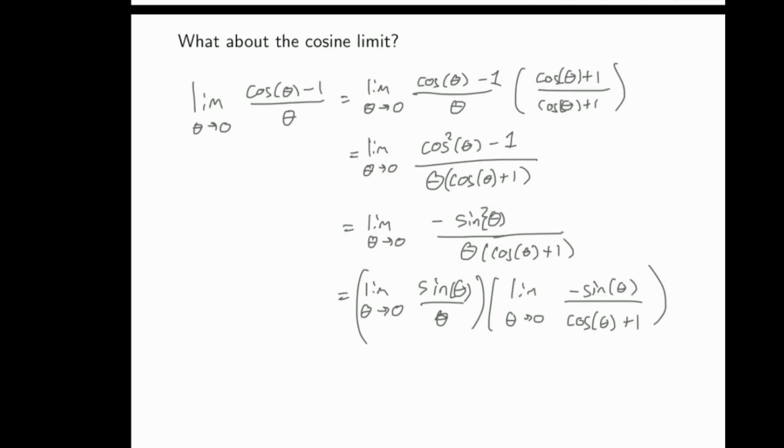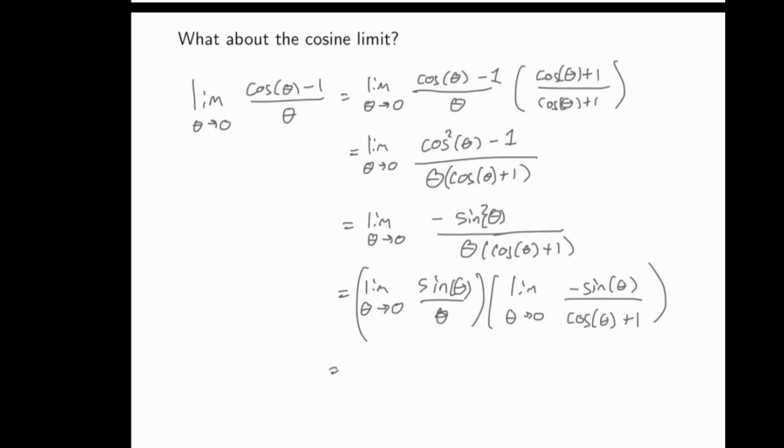Okay, but now I don't have any trouble with plugging in my limits anymore. Sine and cosine are both continuous, so their quotient must be continuous everywhere it's defined. So as long as we're not dividing by 0, we can just plug this in.